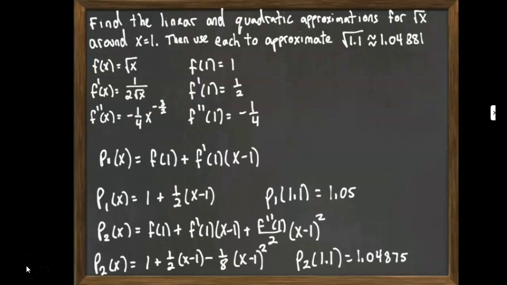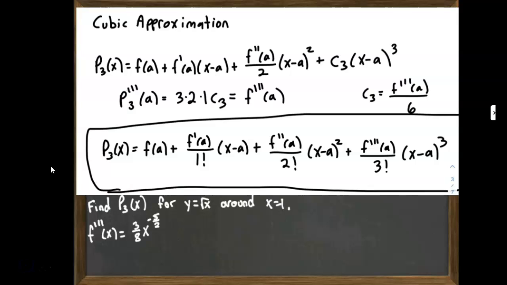So there we have our third derivative is positive 3/8 x to the negative 5 halves. And then we want to evaluate that at our pivot point, x equals 1. So f triple prime of 1 would just be 3/8 because 1 to all that stuff is just going to be 1.